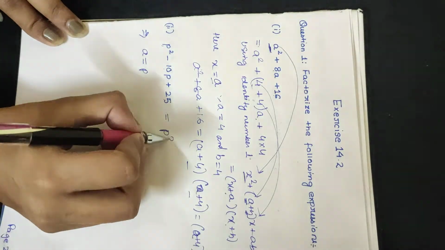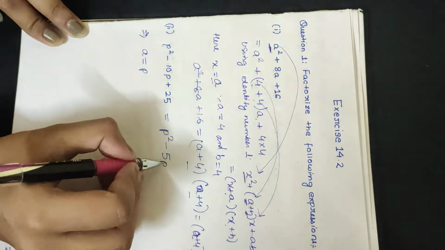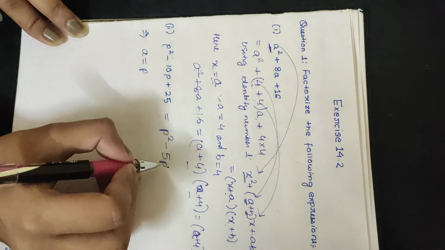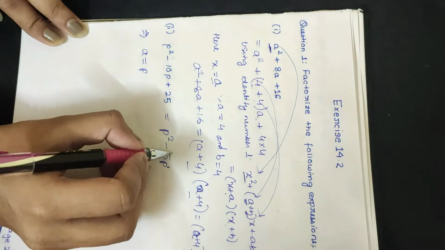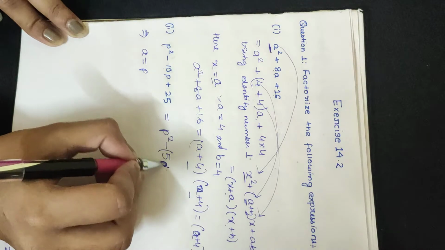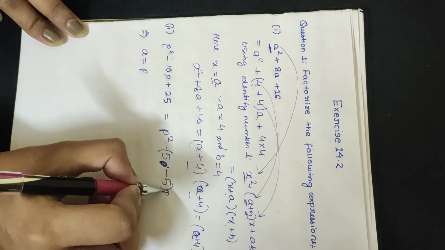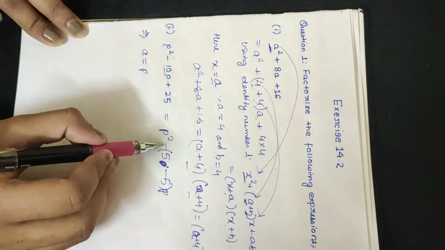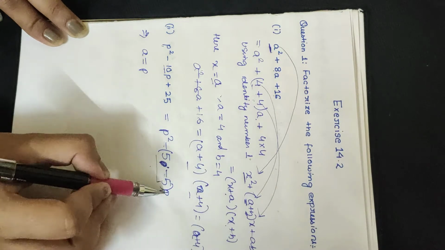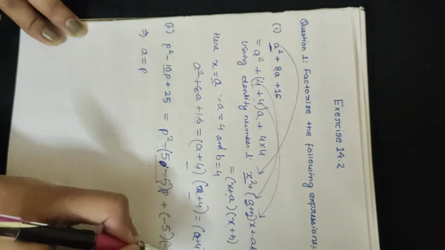We can break this expression as p square minus 5p, and since there is a minus symbol, minus 5 again, minus 5 plus p. So 10p can be written as minus 5 and minus 5 with p at the end, so the constant is minus 5 and minus 5.